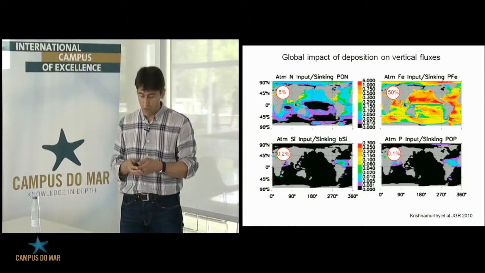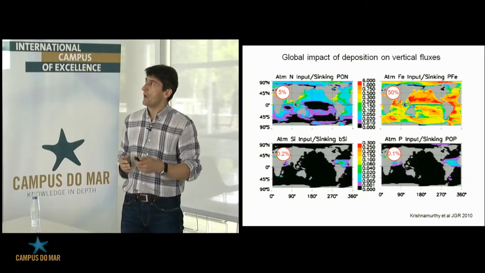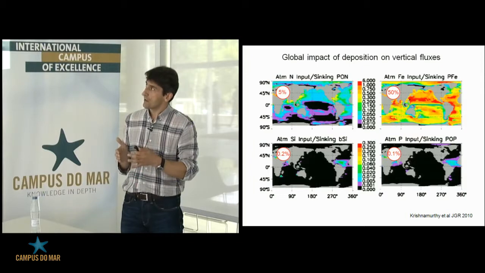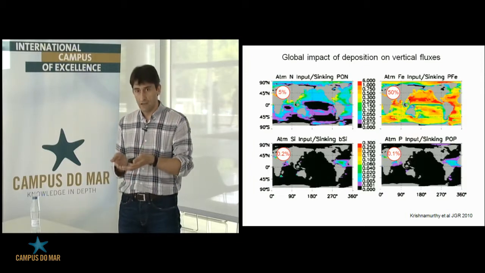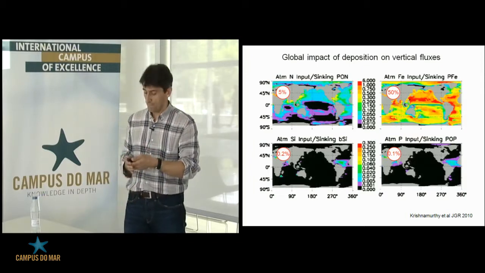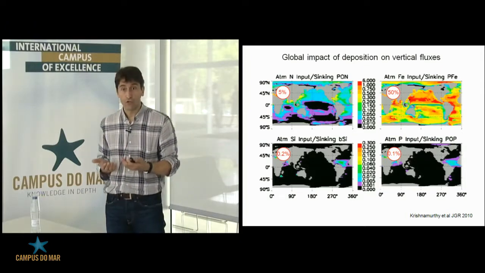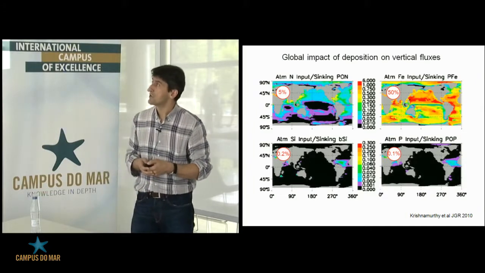This gives you an idea of, and Bea was asking this question before, what's the contribution of these atmospheric deposition pathways to the input of new nutrients to the system.